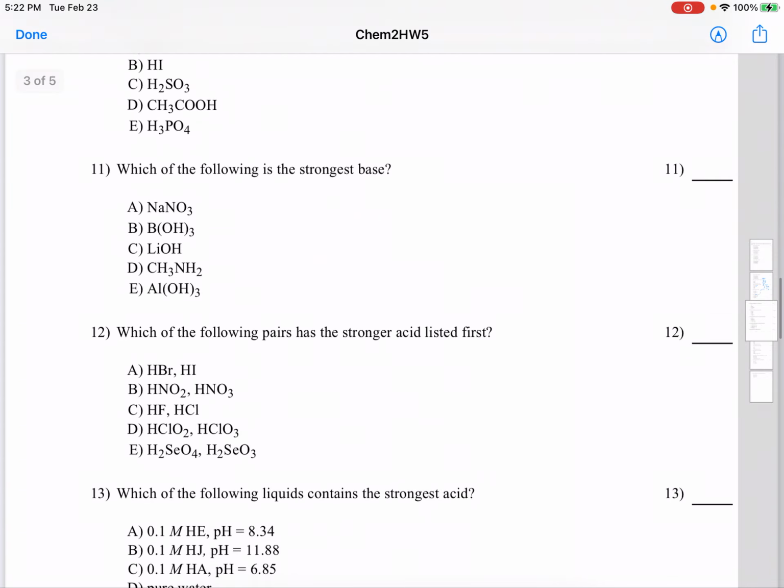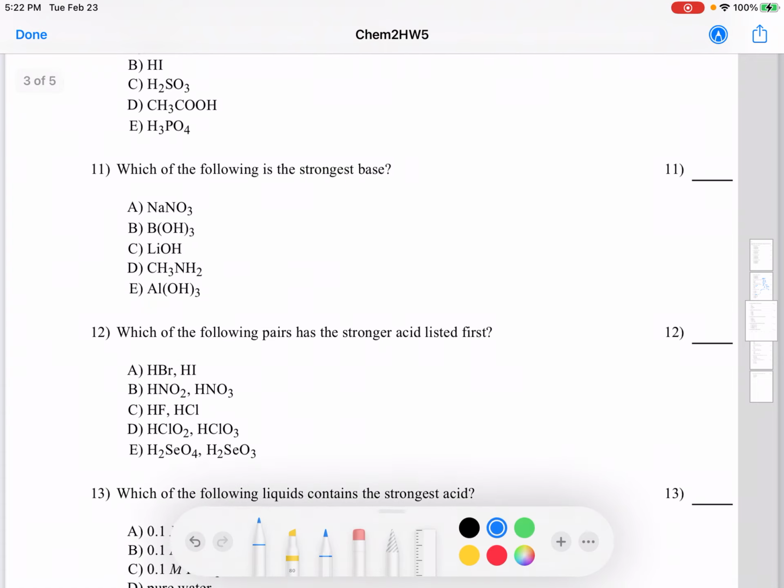That's easy. Which of the following is the strongest base? Sodium nitrate. What is sodium nitrate? Sodium nitrate is a salt, right? And boron hydroxide, and we have lithium hydroxide, and you have methylamine, aluminum hydroxide, lithium hydroxide, boron hydroxide, sodium nitrate.